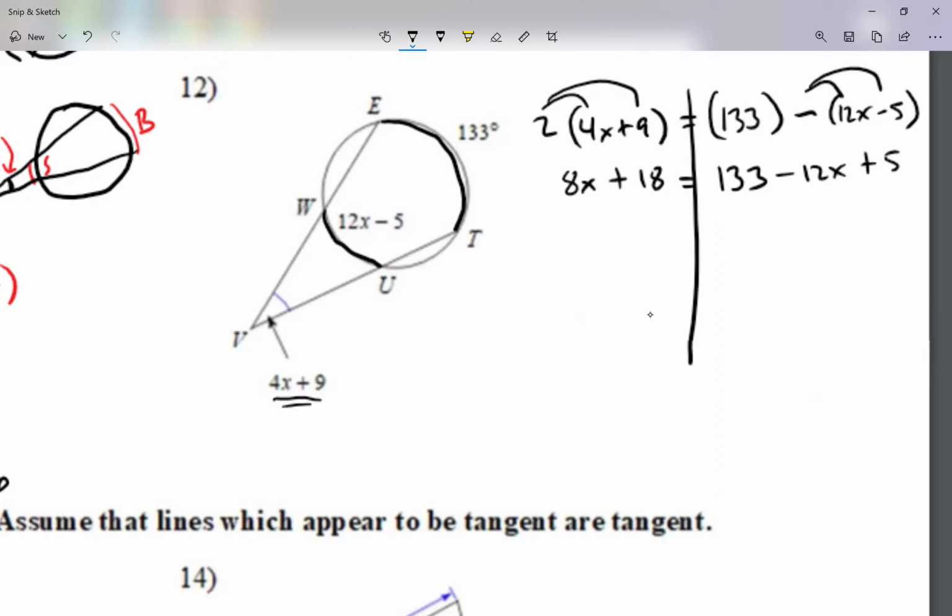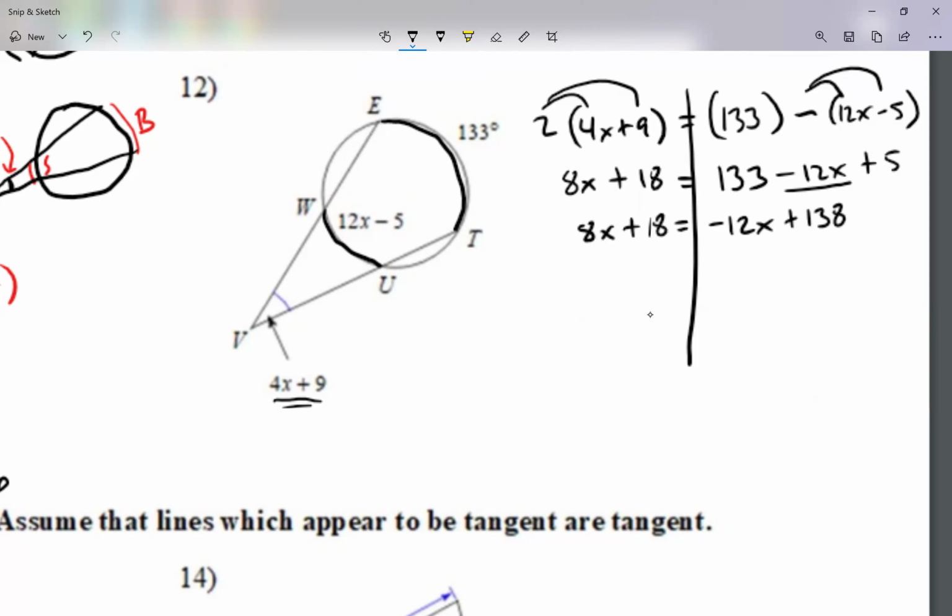Negative times a negative is positive. Let me combine like terms. On the left side, nothing I can combine. So I'm just going to write 8x plus 18. On the right side, when it comes to letters, I can go negative 12x. When it comes to numbers, I can go 133 plus 5. So I'm going to call that positive 138.